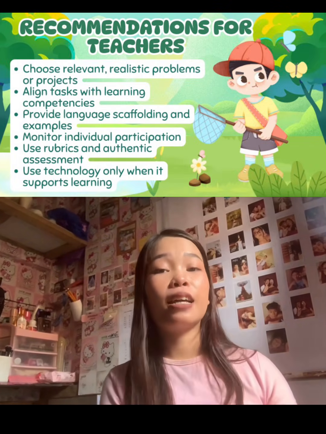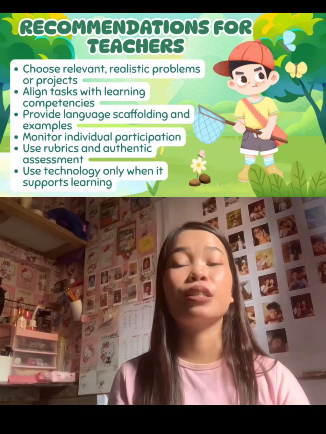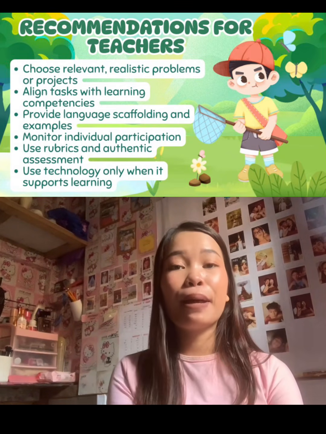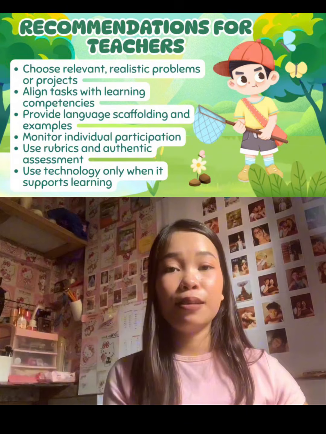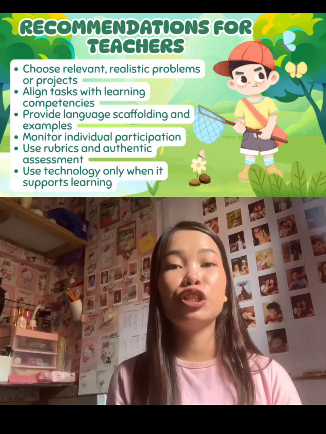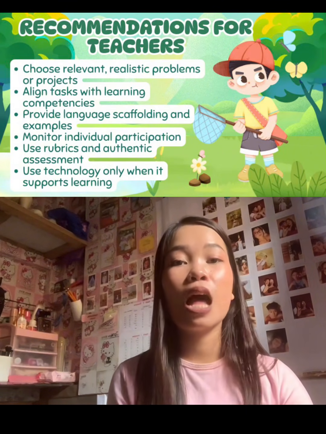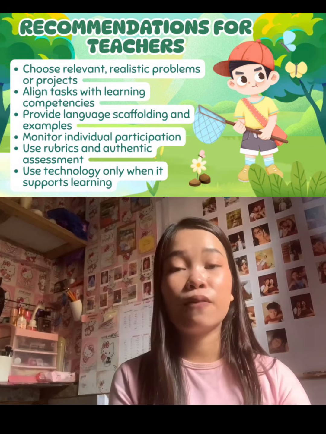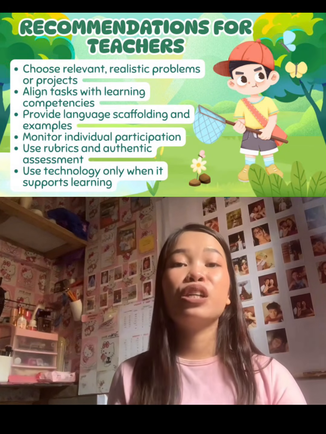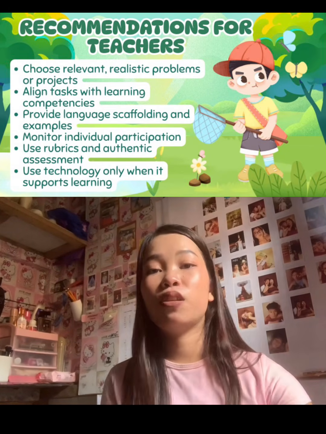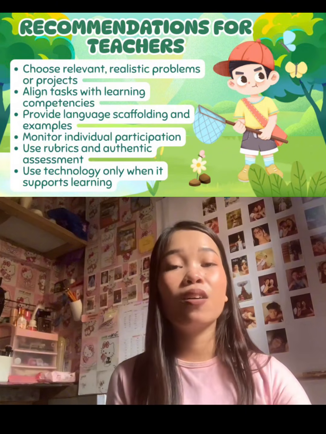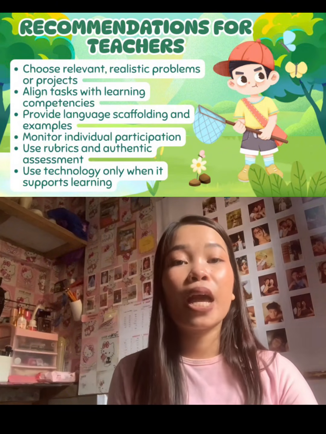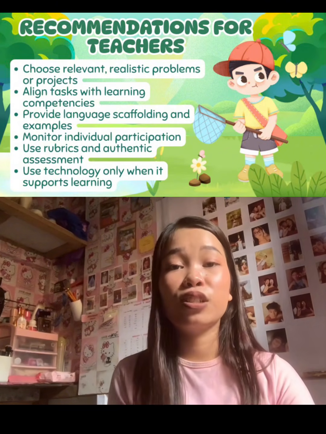So the next slide is recommendations for teachers. To implement PBL and PGBL effectively, teachers should choose problems and projects that are relevant and realistic for their students. Teachers should also align activities with learning competencies because students may have different levels of language proficiency.